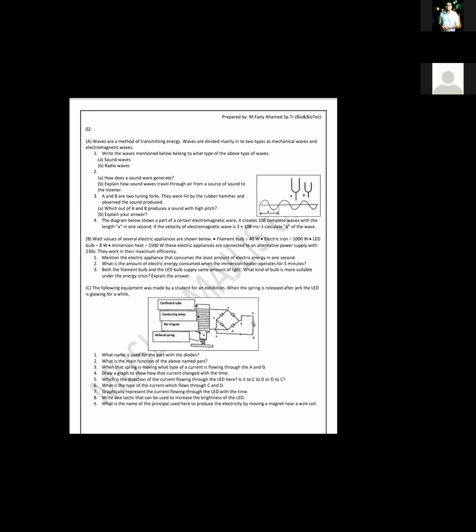First one: write which type of waves the waves mentioned below belong to, such as sound waves and radio waves. Waves are mainly categorized into mechanical waves and electromagnetic waves.